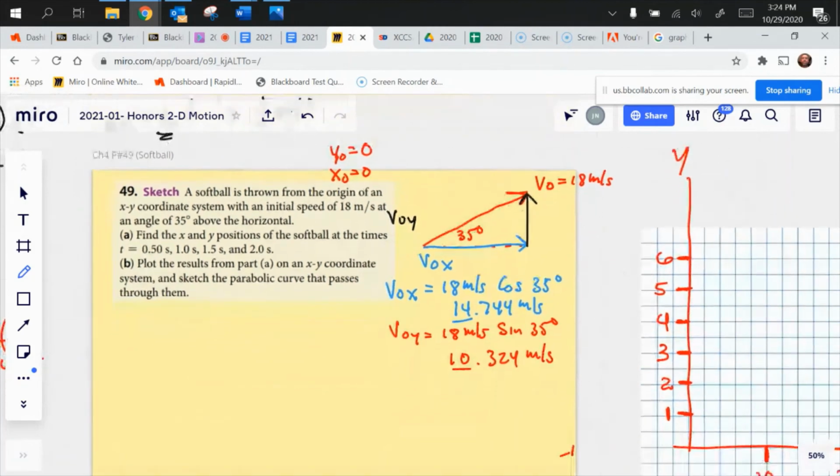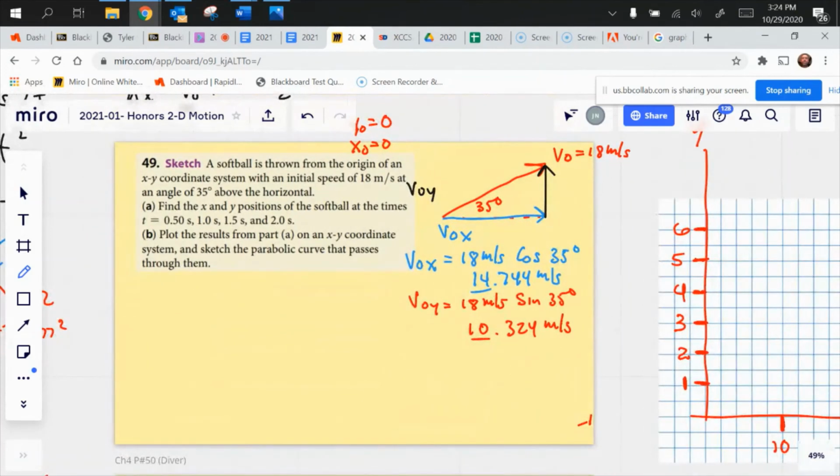Okay, now they want you to just find the X and Y positions at those 4 times. So in the X direction, delta X, which remember is the same as final minus initial X. The initial X is 0, so really this is for figuring out the final position after half, 1, and so on seconds.